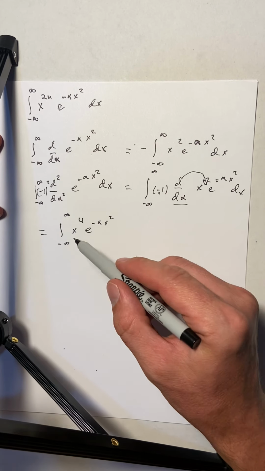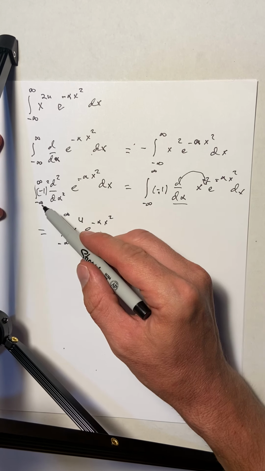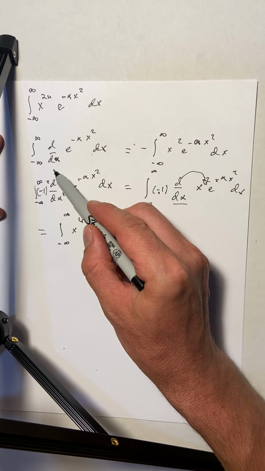Now what's pretty interesting about this is the derivative with respect to alpha. The integral is over x, the limits of the integral don't depend on alpha, and the integral is convergent. That means I can bring those derivatives right outside the integral.